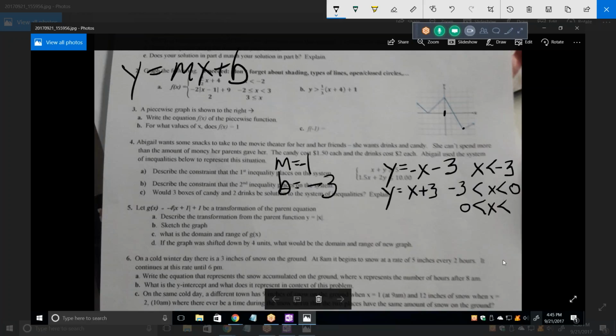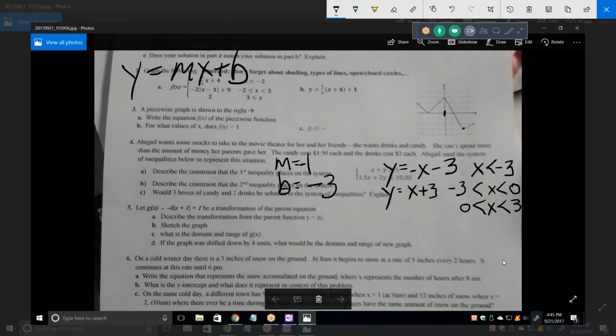The x coordinate at that point right there. Yeah, 3. See, the hash marks are very faint, but there's 1, there's 2, there's 3. Okay, so that's our domain.